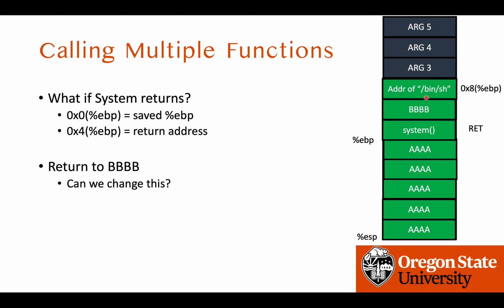Then next, what will happen if the system returns? It will do leave and return. So it will return to BBBB. So it will be crashing, but can we change this to run multiple functions? So return to system and then return to another function.